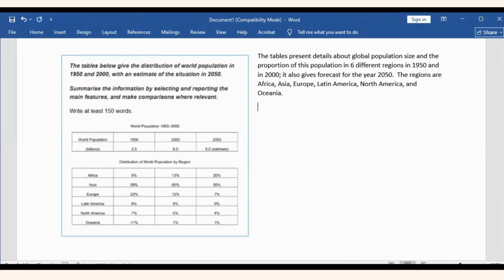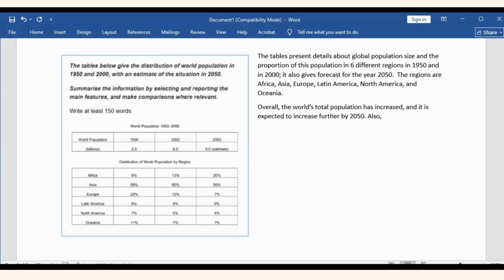Next one is my overview. That is the next part I will write. Overall, the world's total population has increased and it is expected to increase further by 2050.